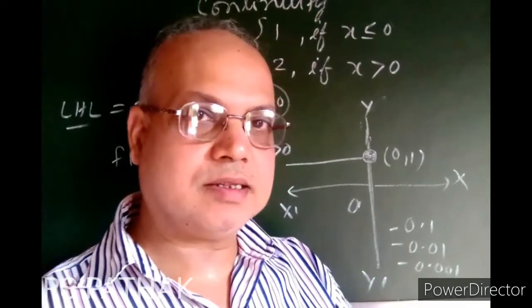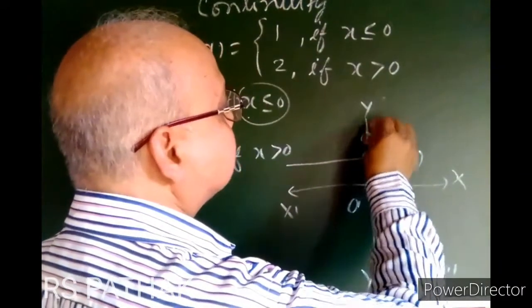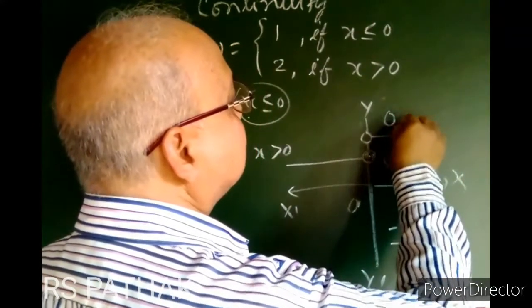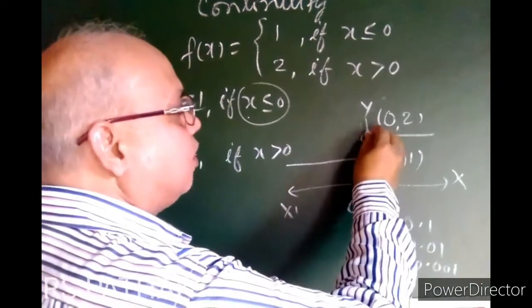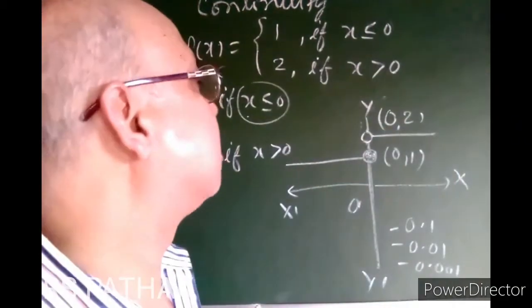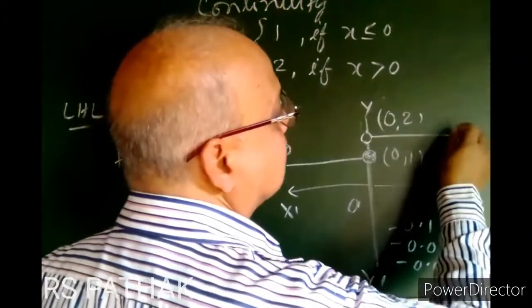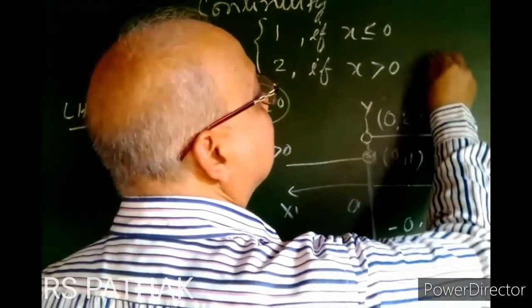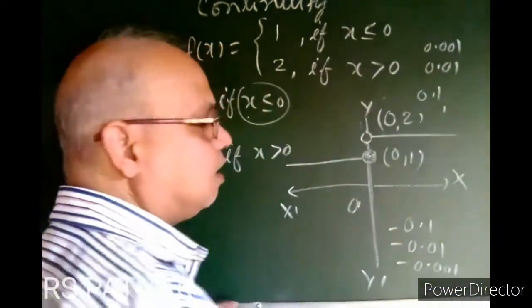So it starts from here, this point is open, at (0, 2), and it moves to the right, with values like 0.1, 0.01, 0.001, any number.